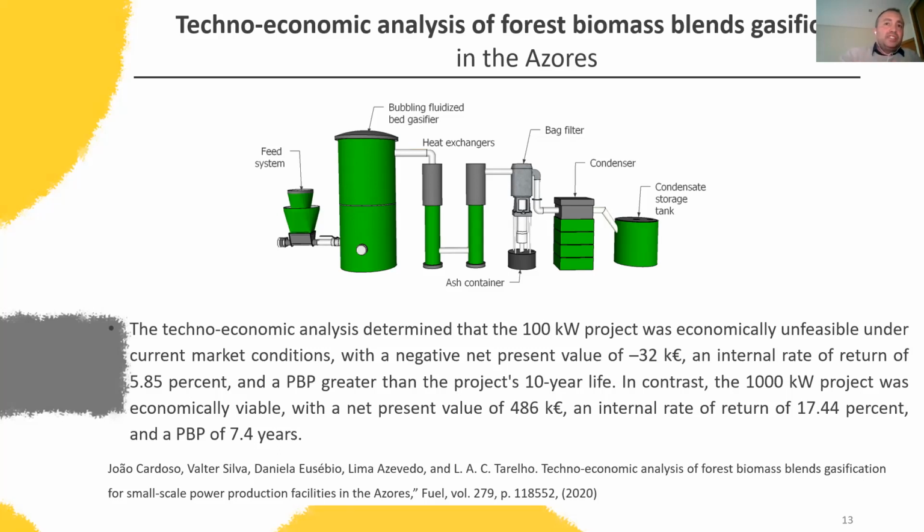Also, we did it to understand the feasibility in this project for Azores, an archipelago in Portugal, and try to understand whether a gasification facility could be feasible to help in providing energy.